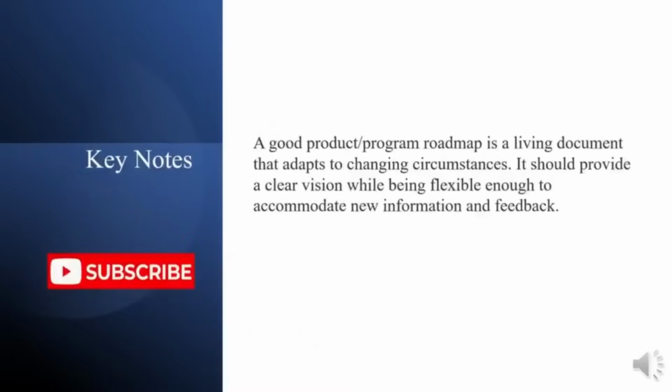And lastly, a good product program roadmap is a living document that adapts to changing circumstances. It should provide a clear vision while being flexible enough to accommodate new information and feedback.